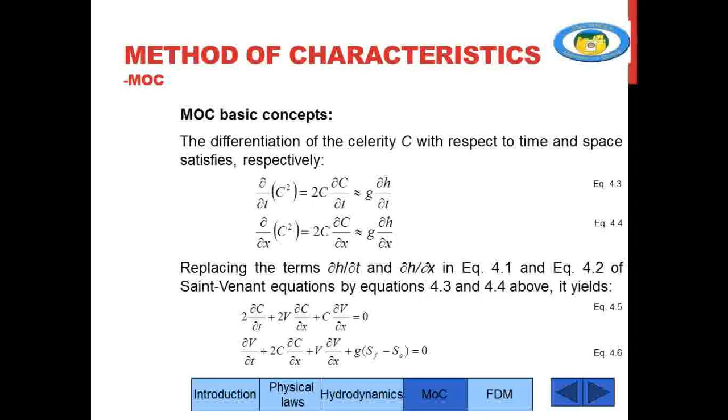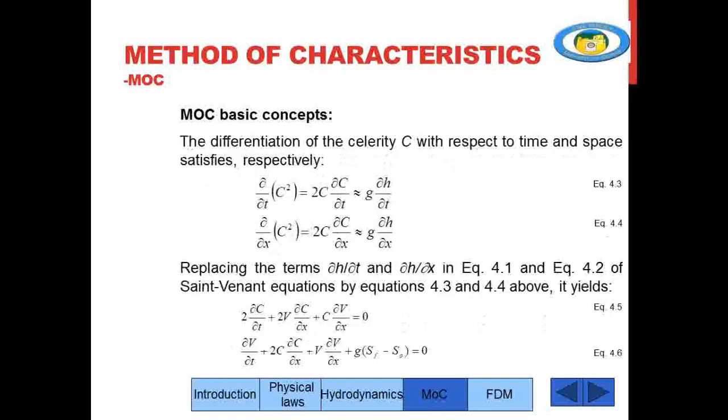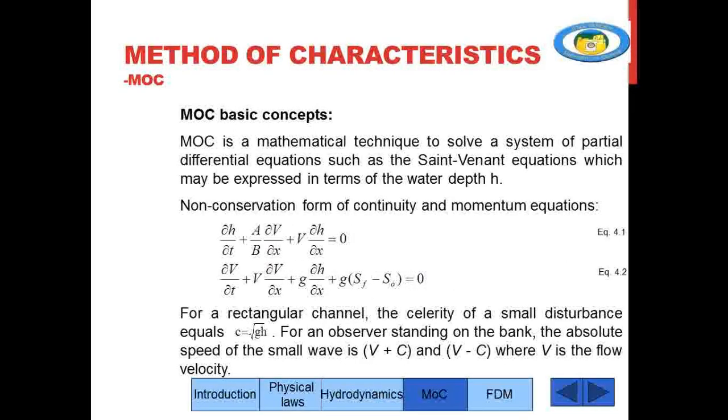And then hydraulic depth times G is basically C squared, because C is equal to radical of GH, and times the partial derivative of V with respect to X plus G times V times the partial derivative of H with respect to X. G times the partial derivative of H with respect to X, we have shown in equation 4.4, is 2C partial derivative of C with respect to X. Now, if you just divide the whole term by C, then you would obtain equation 4.5.